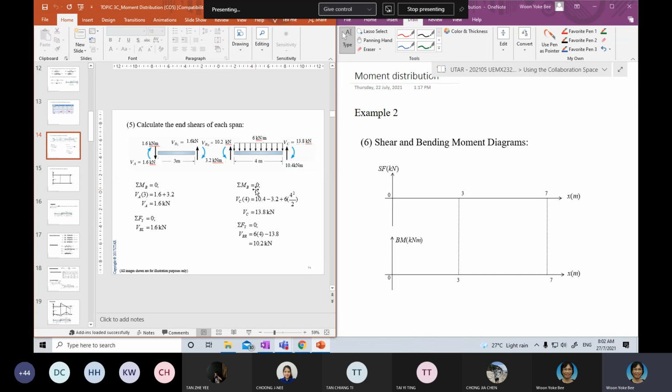The next week, just to remind you, something big is happening next week. It is your midterm test. It will be held on the 3rd of August. Please don't forget, it starts as early as 8 o'clock, 8 a.m. sharp.